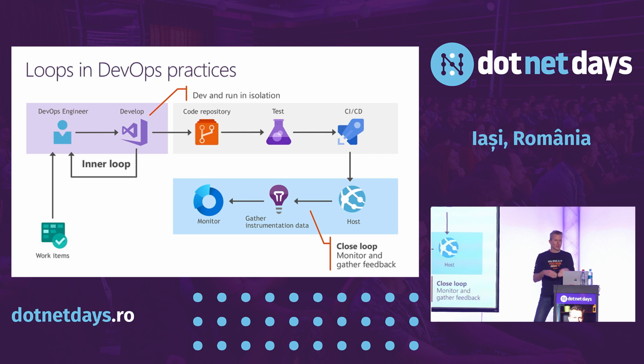See what's going on, get alerts when things are going bad, at least have some idea of what is going on, and that's all the way back. Because as soon as you see something happening there, you'll get alerts, you'll get attention, and then you start investigating what is happening, and you'll put it into your work items again, probably pick it up straight away, and then all of a sudden you're this healthy DevOps engineer because you've closed the loop. You put something in production, you change something, and you know what's going on.